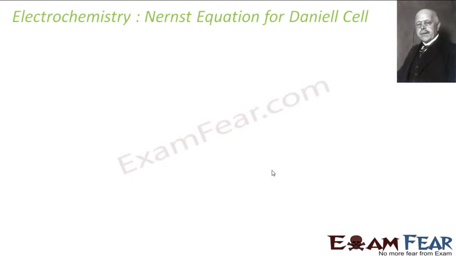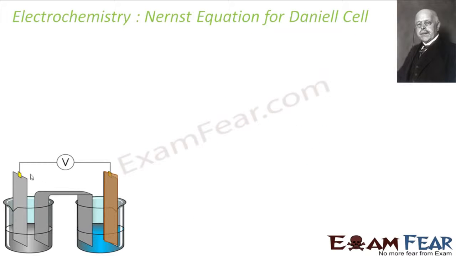So first let's apply this equation for the Daniell cell, and then we'll try to derive it. For the Daniell cell we have the anode here and the cathode here. By representation, this is my zinc, this is my copper, and this is my Zn2 plus and this is my Cu2 plus solution.